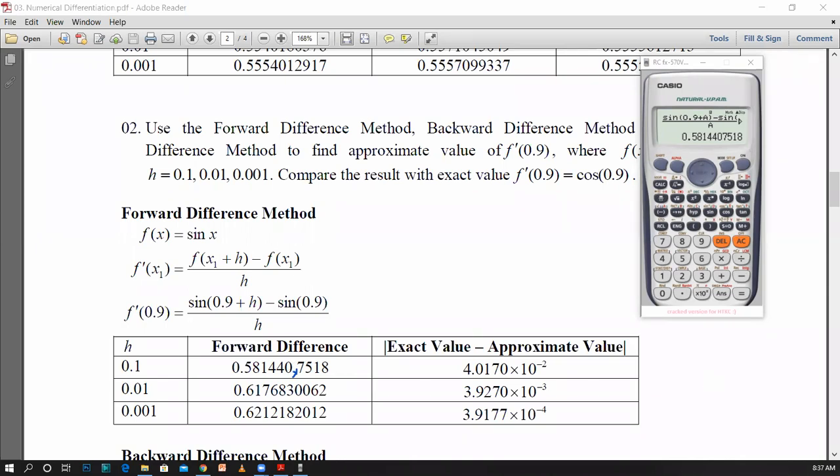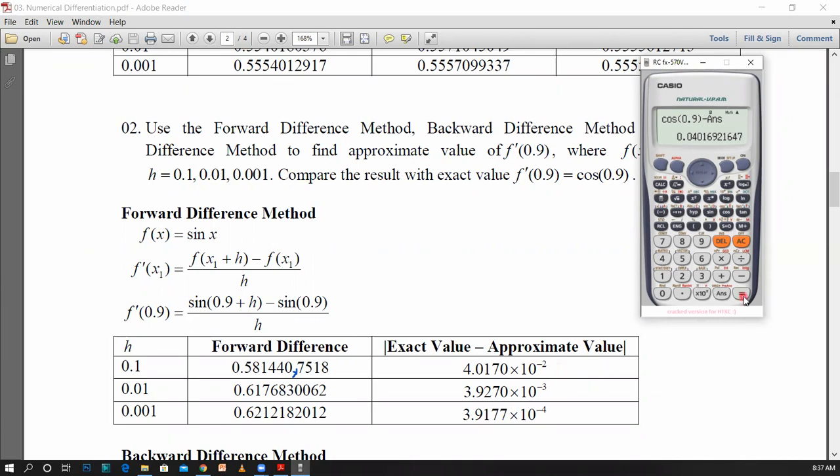And once you press the equal sign again, you can see the difference between the exact value and the approximation value. I have taken it as 0.01692. Therefore I have considered it using the standard form, so I am taking it as 1.692 times 10 to the power minus 2.